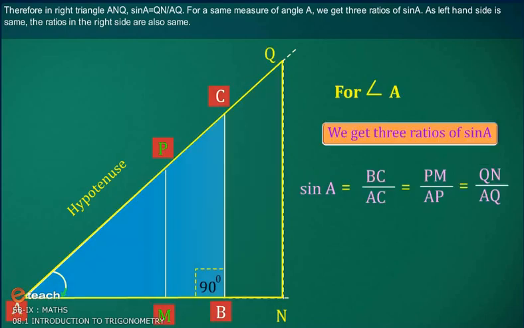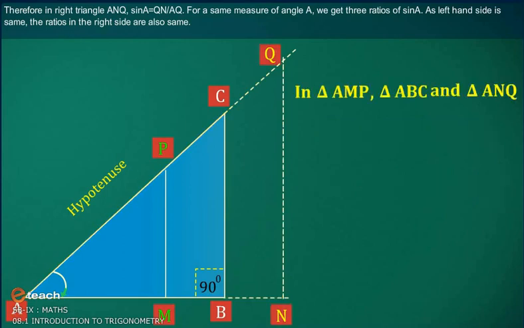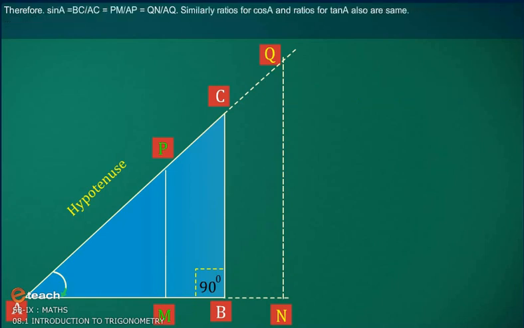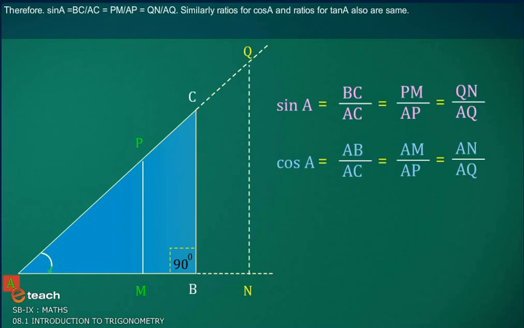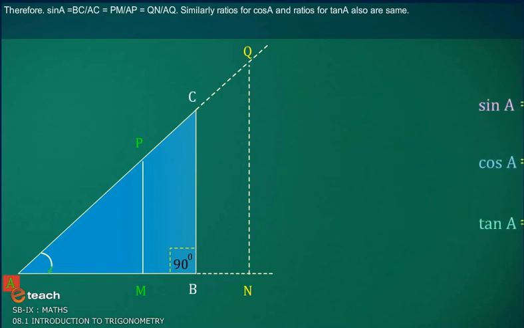For the same measure of angle A, we get 3 ratios of sin A. As the left hand side is same, the ratios on the right side are also same. Therefore, sin A is equal to BC upon AC is equal to PM upon AP is equal to QN upon AQ. Similarly, ratios for cos A and ratios for tan A are also same.